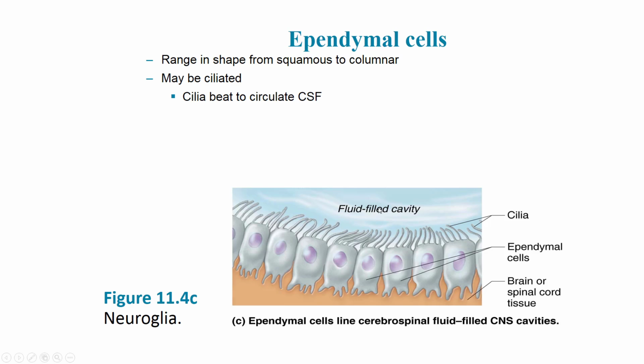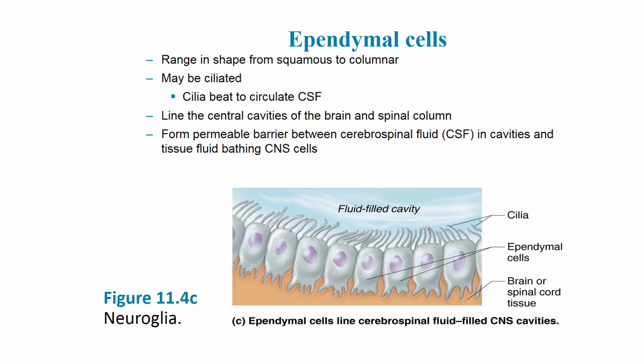And they have cilia that would be beating in order to circulate this fluid, which is really nothing but your cerebrospinal fluid. And they line the central cavities of the brain and the spinal column. They form a permeable barrier between the cerebrospinal fluid in cavities and tissue fluid bathing the central nervous system cells.